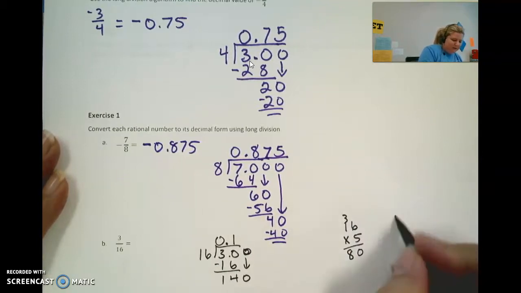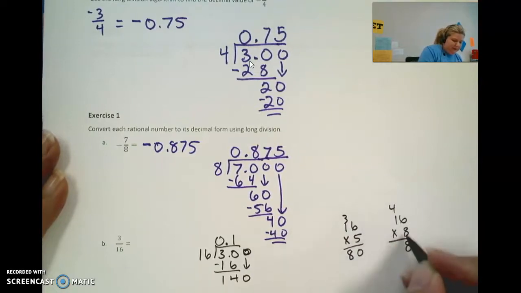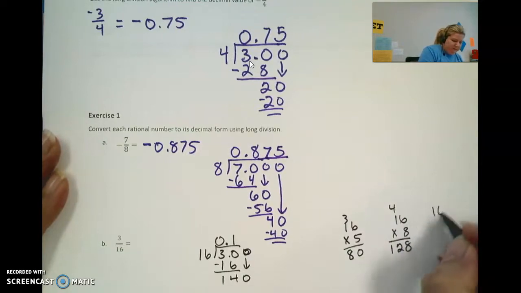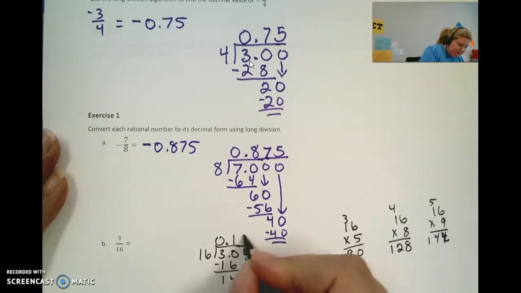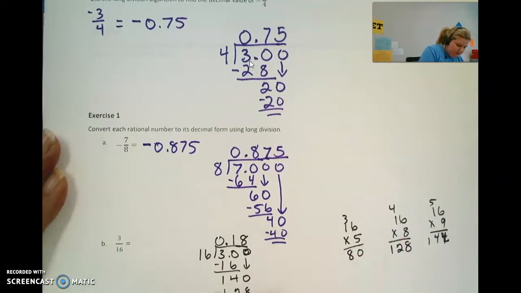It's probably not enough, so let's try 8. 6 times 8 is 48. 8, 9, 10, 11, 12. Okay. Let's do times 9. 9 times 6 is 54. Okay, so that's a little too much, so I'm going to go with 8 and 128. Subtract that. That leaves me with 12.